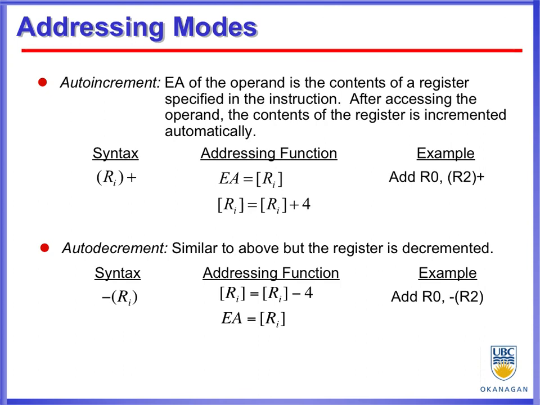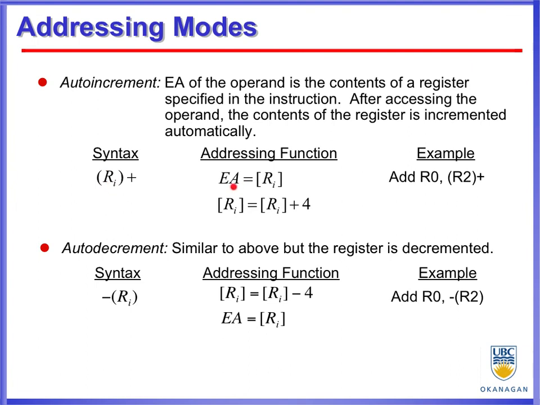A lot of times your data is in sequential order in the memory, and as you're processing this data, you want to go from one address to the next, right? So there's a lot of times where we want to do that, so they built an auto increment mode where it's like the indirect mode: register Ri holds an address, okay?